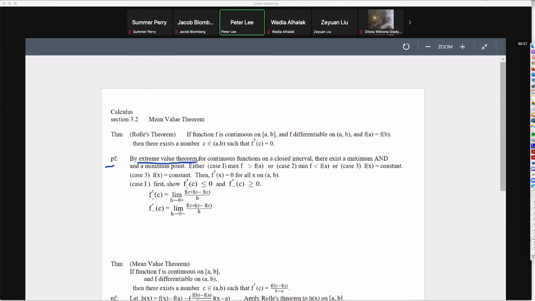And this extreme value theorem was written in chapter 1. Was it chapter 1? Yes. You know what? Let me check my notes. Let me grab my notes for chapter 1. Where is the extreme value theorem?